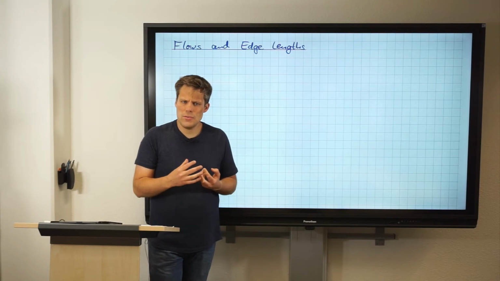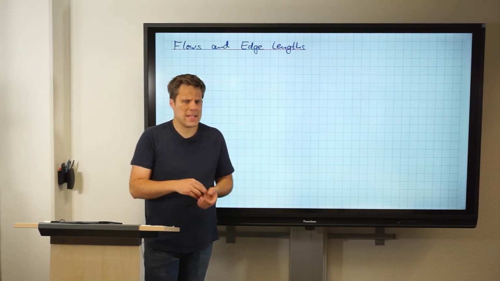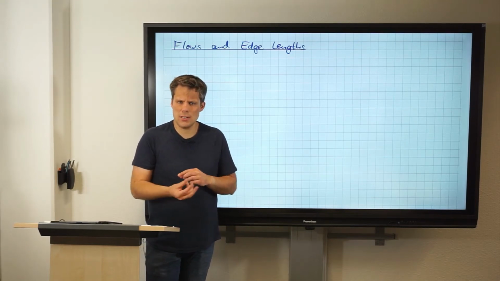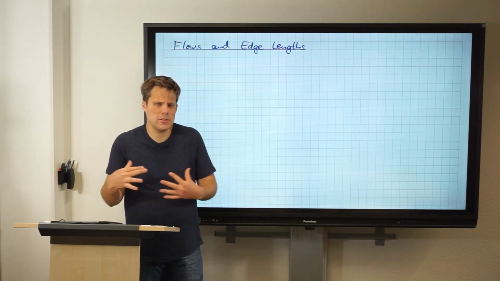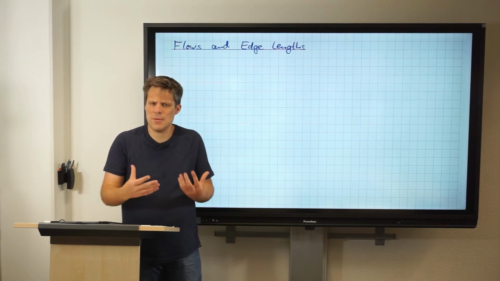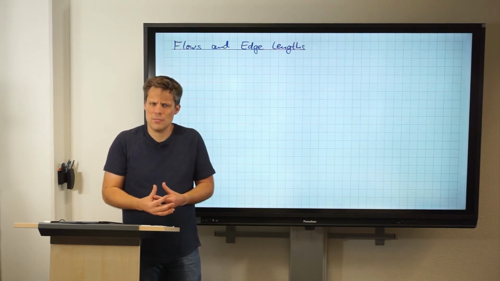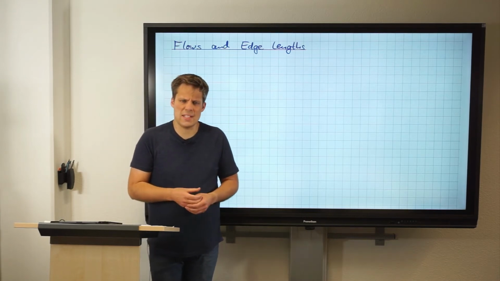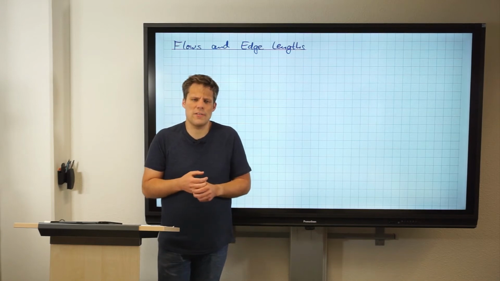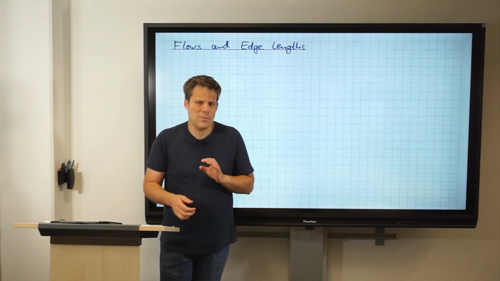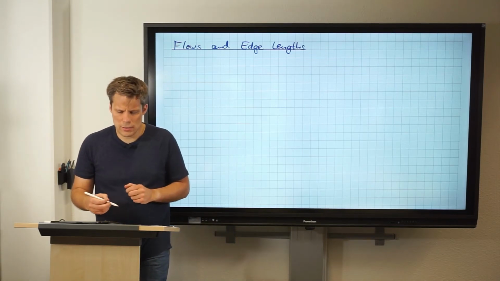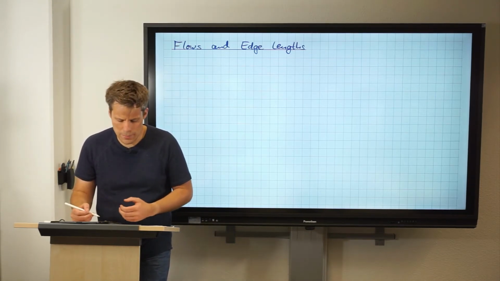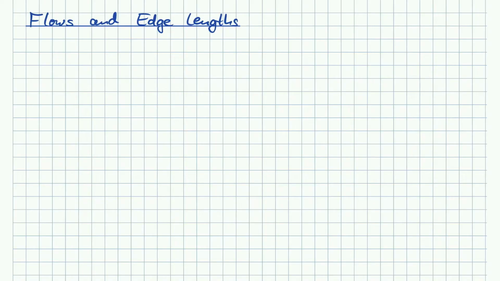But how do maximum flow problems and edge lengths correspond to each other? What do edge lengths have to do with the maximum flow problem at all? Because there is no such thing as an edge length in the definition of the flow problem. Well, let's first see how you could write down the flow problem as an LP.